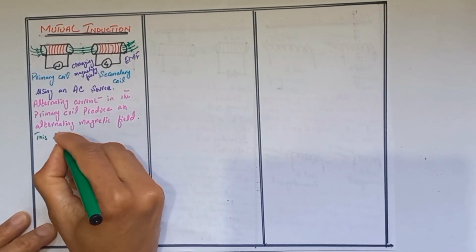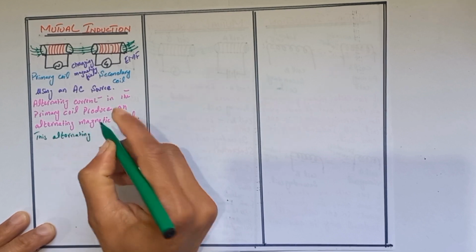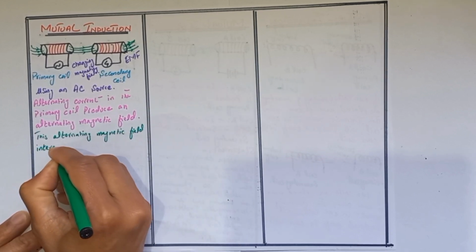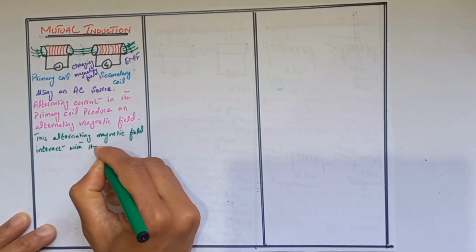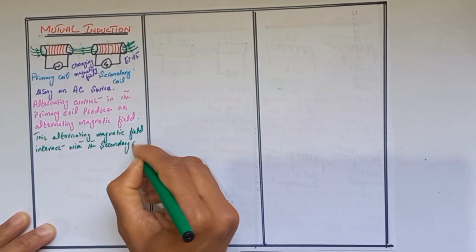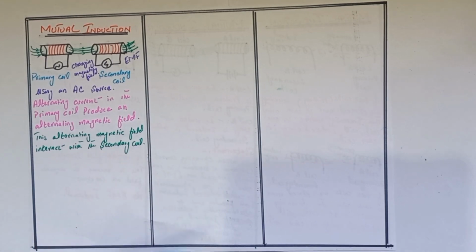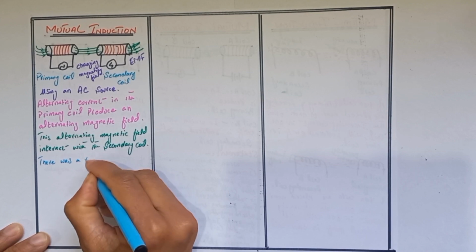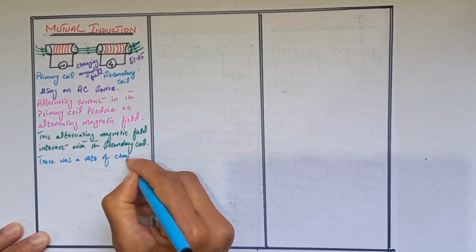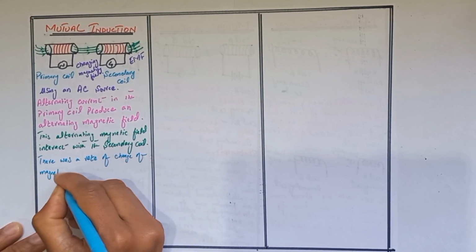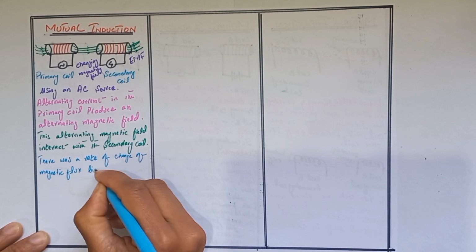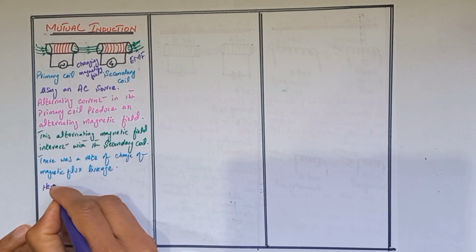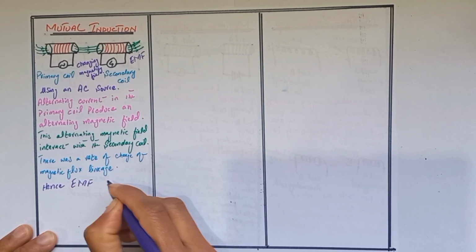This alternating magnetic field interacts with the secondary coil, so there is a rate of change of magnetic flux linkage, hence EMF is induced.